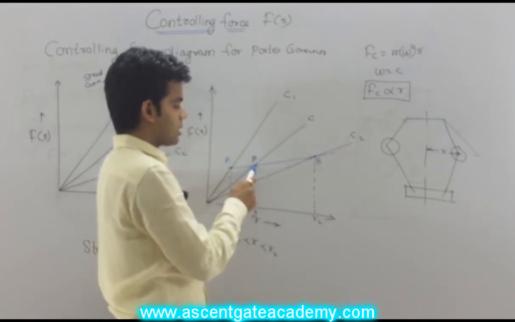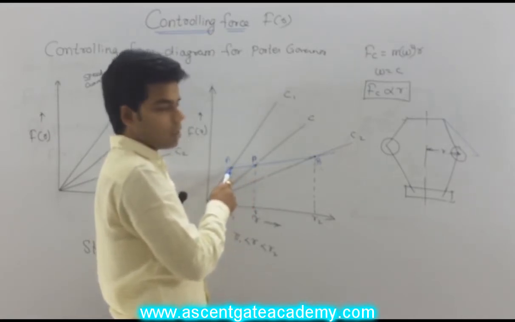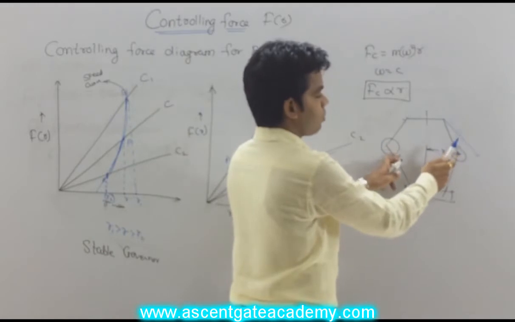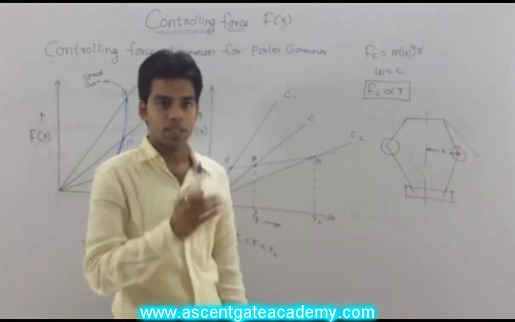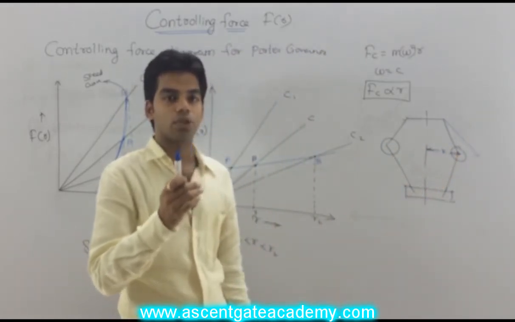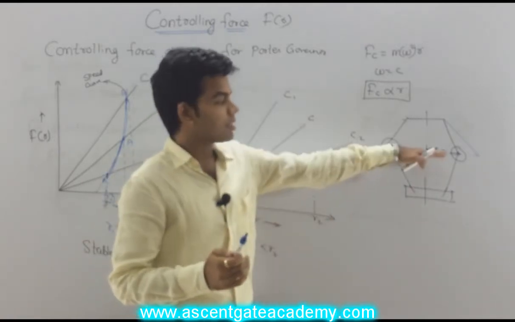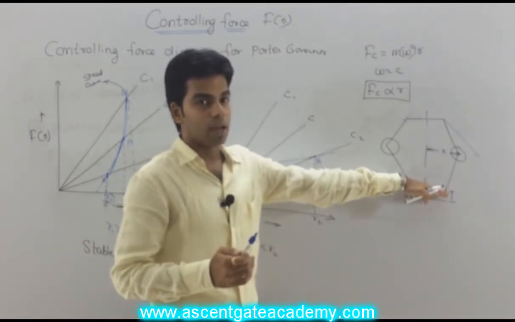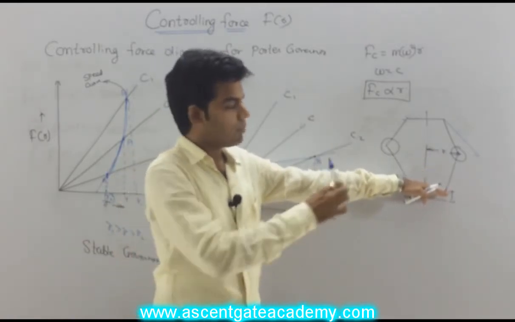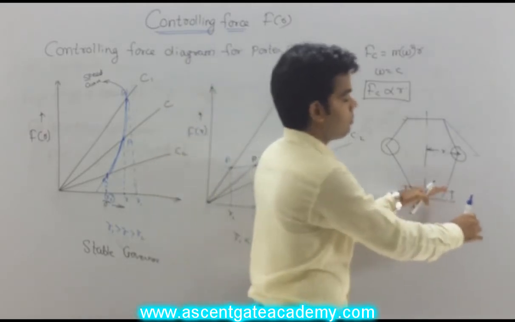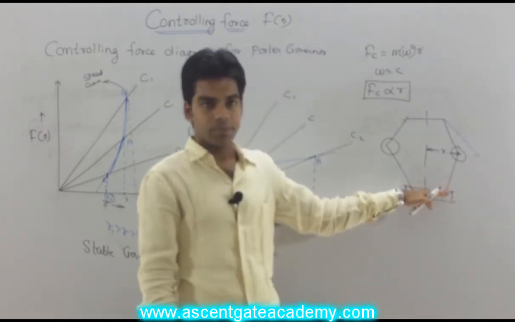Now understand this. If the speed is increasing, the radius of rotation of the ball will decrease. The sleeve will move down, which will further open the valve of the governor. Getting this?